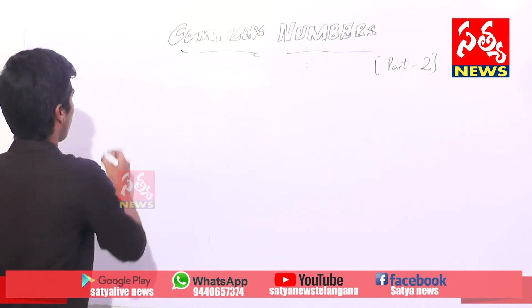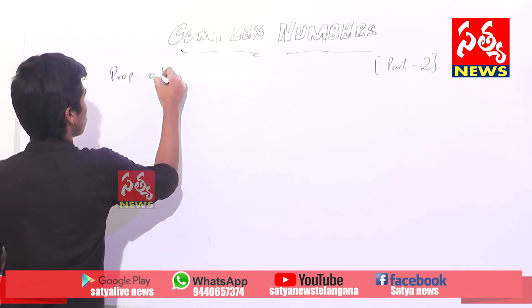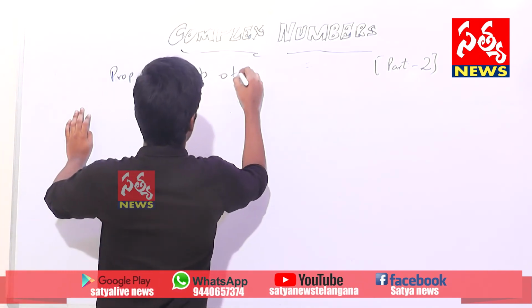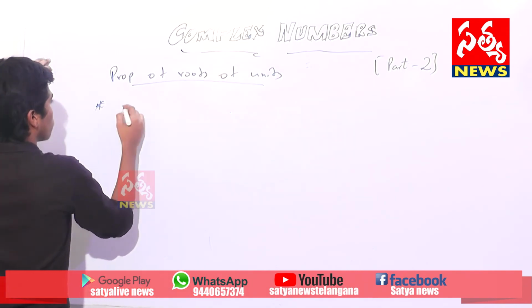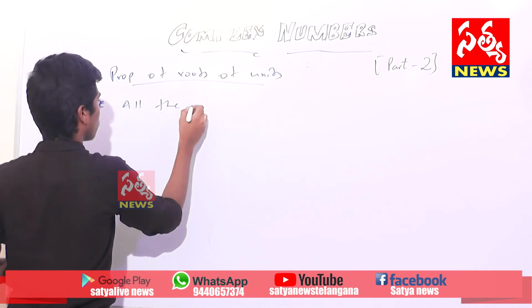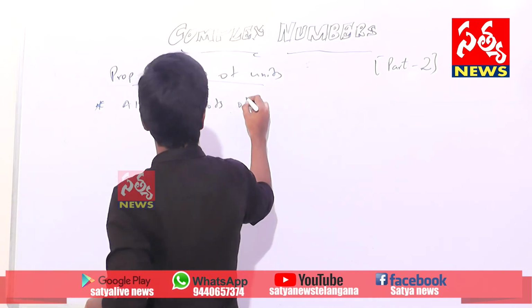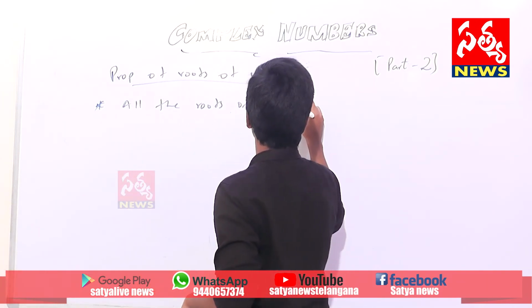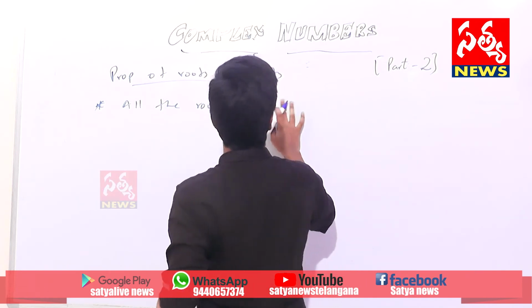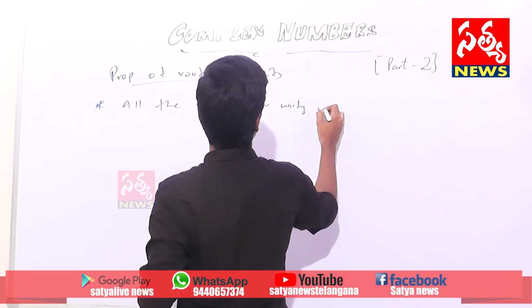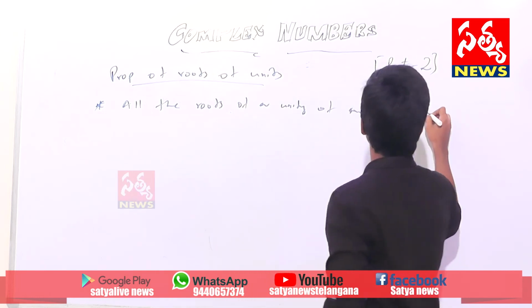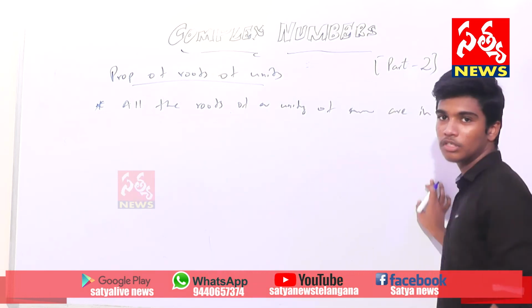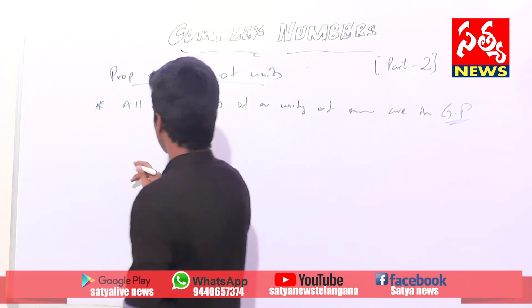Now, properties of roots of unity. First one, all the roots of unity are in GP, geometric progression.